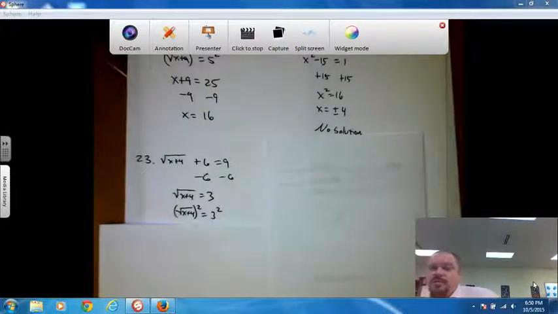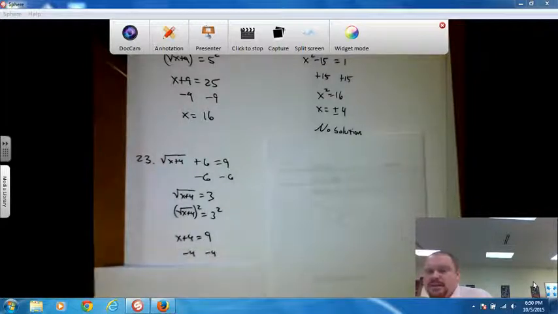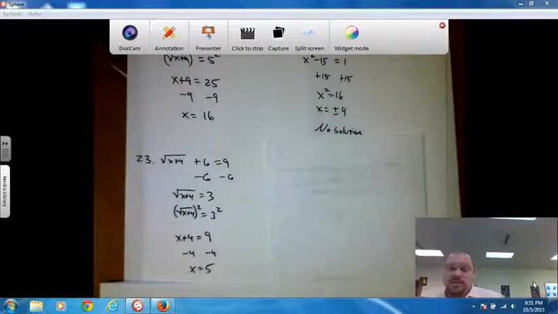The square root of x plus 4, squared, equals 3 squared. So the radical and the square cancel. 3 squared is 9. Subtract 4 from both sides. We get x equals 5. So that problem works. You can plug that back in and check. 5 plus 4 is 9. Square root of 9 is 3. 3 plus 6 is 9. So that one is finished for us.